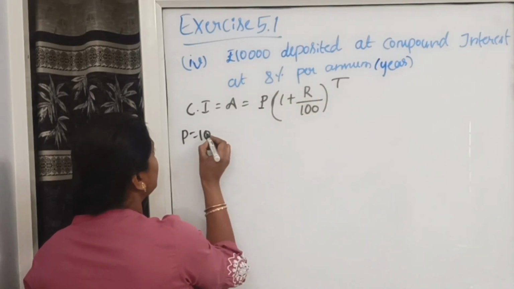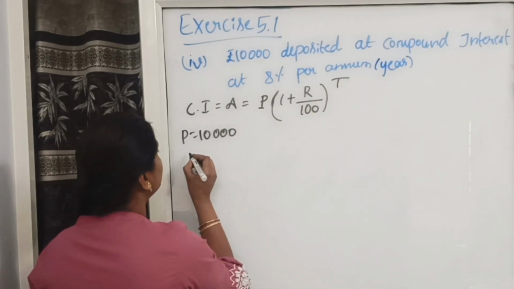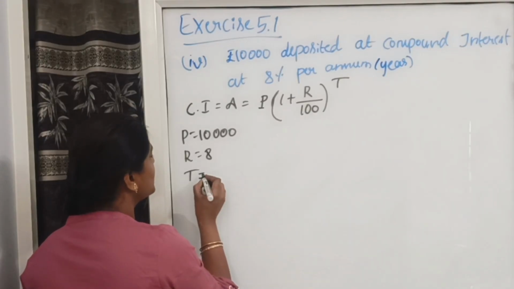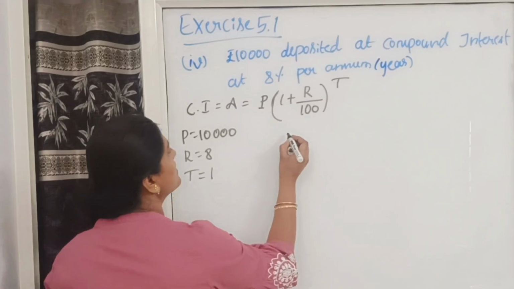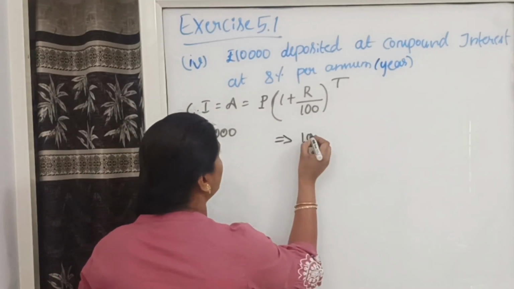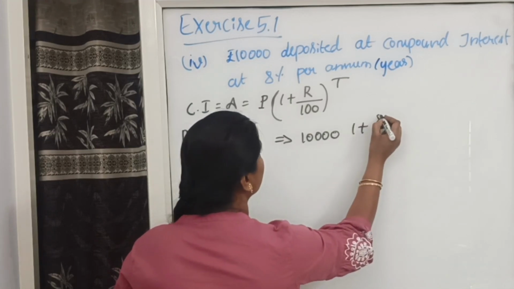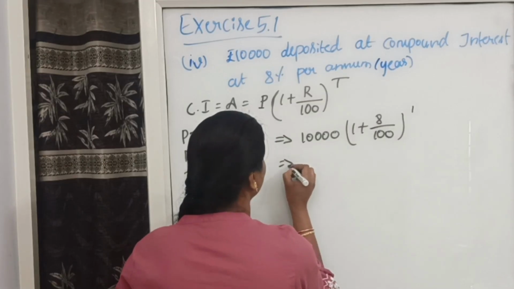P is 10,000, R, the rate of interest, is 8 per annum. For the first year, T is 1. So substitute here 10,000 into 1 plus 8 divided by 100, whole power 1.